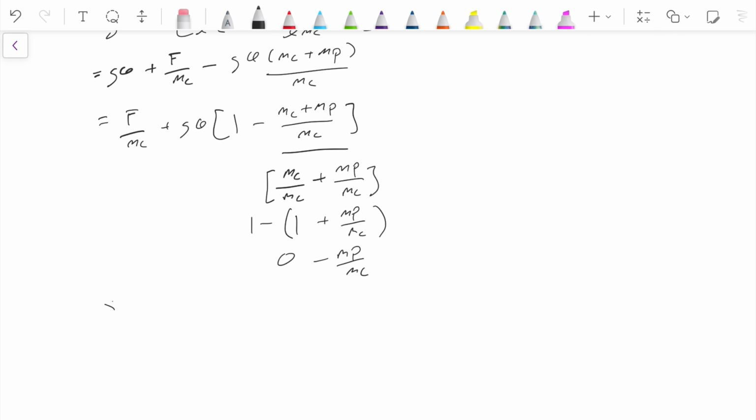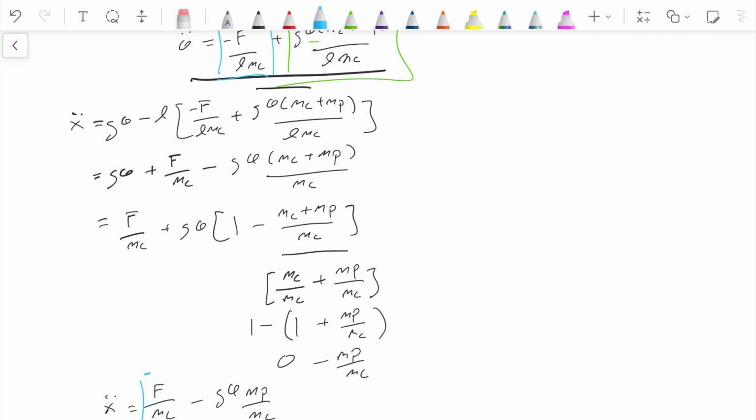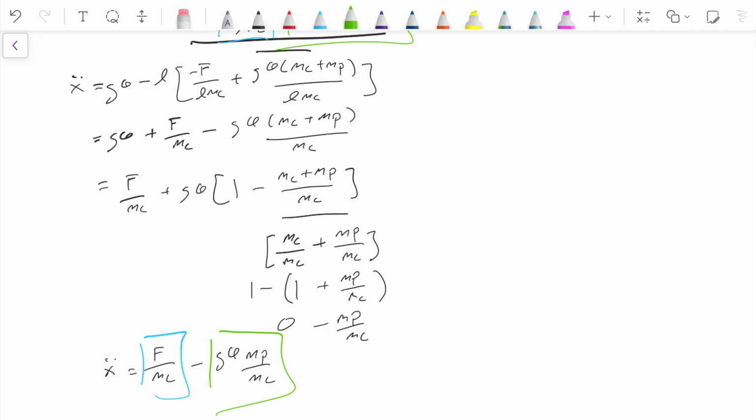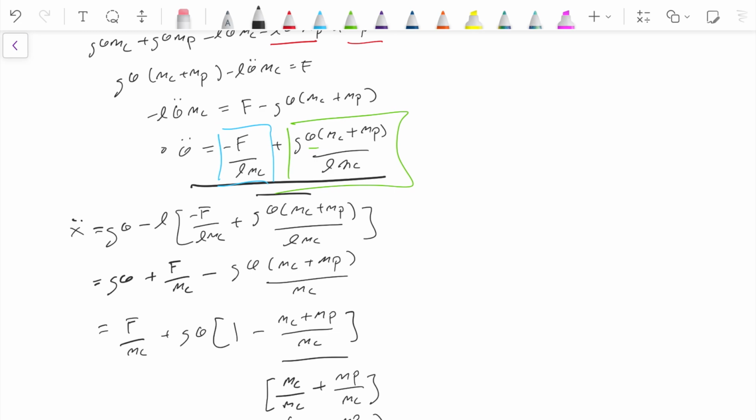So we have x double dot is equal to F over Mc, and then we're going to have minus g theta Mp over Mc. So again, similarly, what commutes with the B, and then on the A.